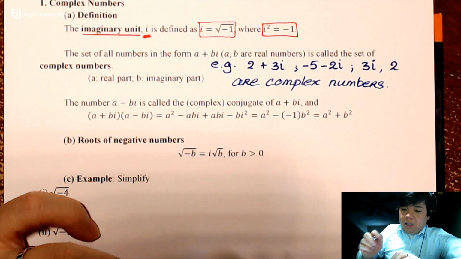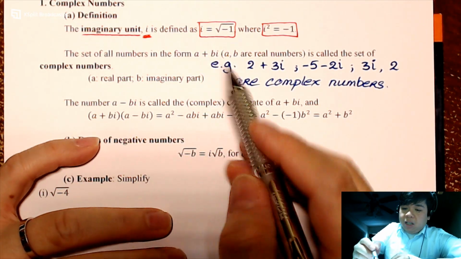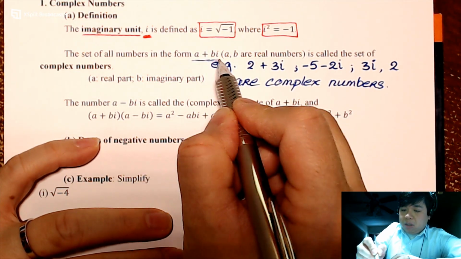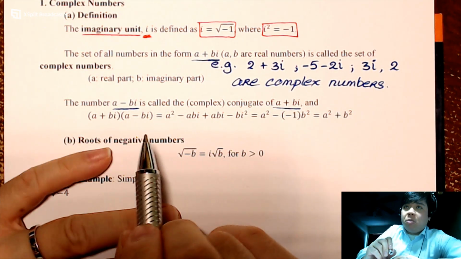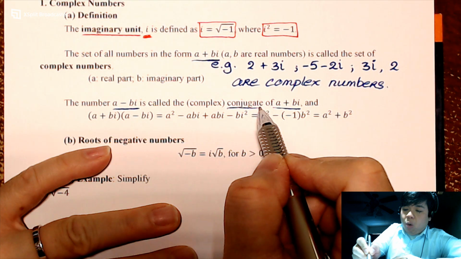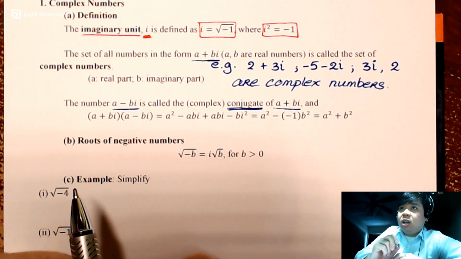If a plus bi is the form of a complex number, so is a minus bi. Both of them are complex numbers, and they are conjugates of each other.